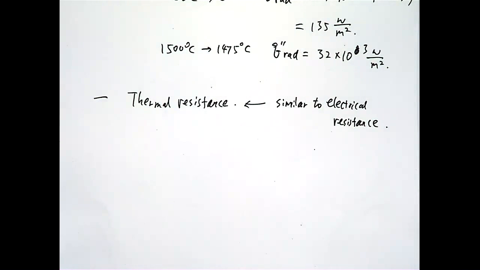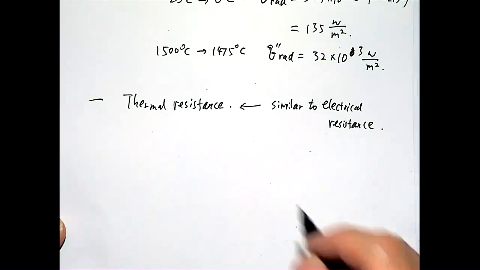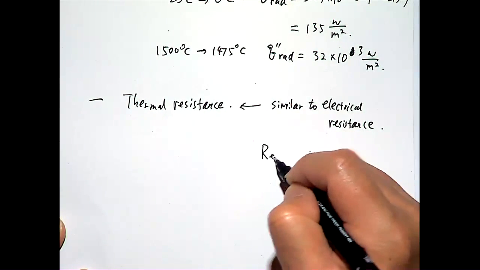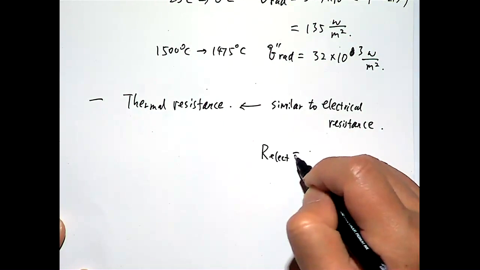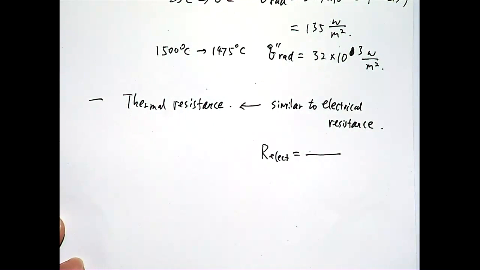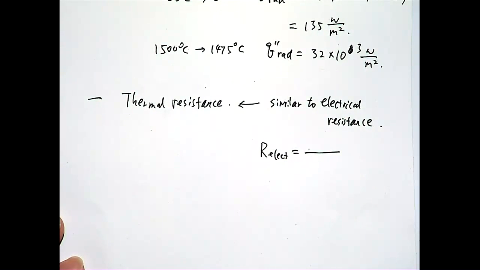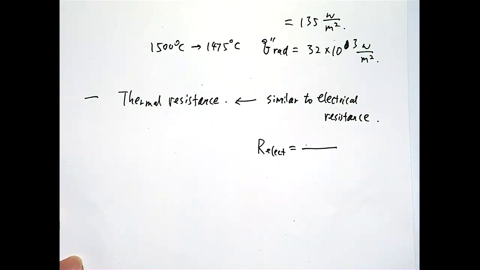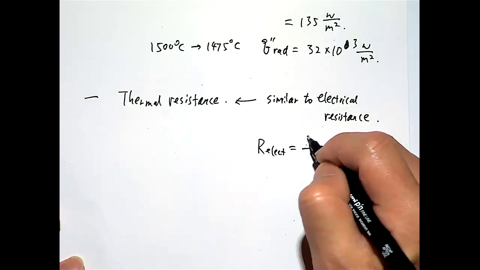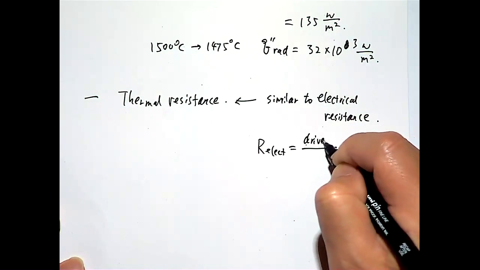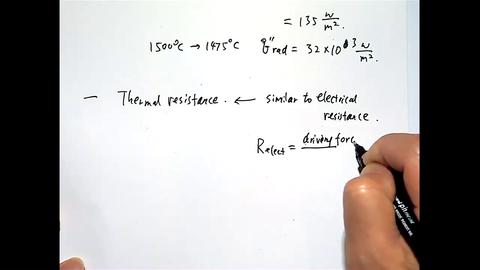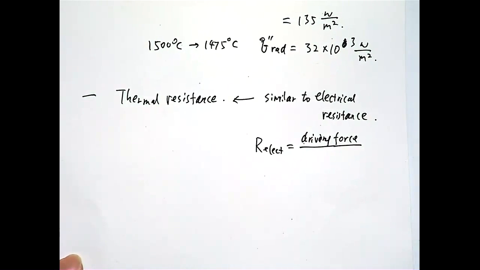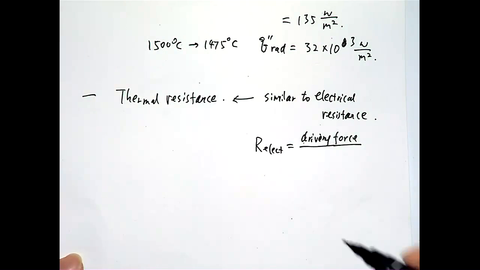So if you recall Ohm's law, Ohm's law says that the electric resistance can be defined by the driving force, the voltage, divided by the current, right? So if you consider the numerator is a driving force for the phenomenon, and the denominator is the actual rate that happens, or actual rate resulting from this driving force, right?